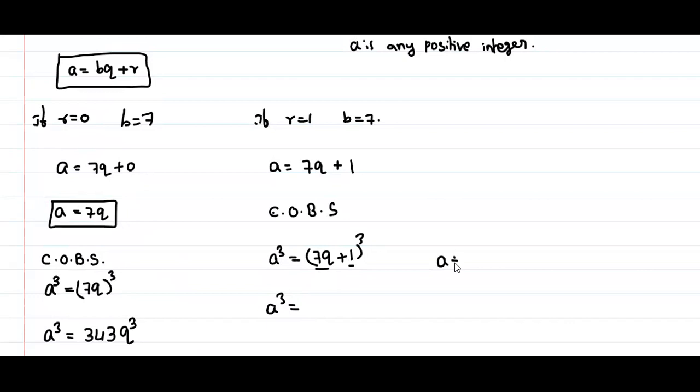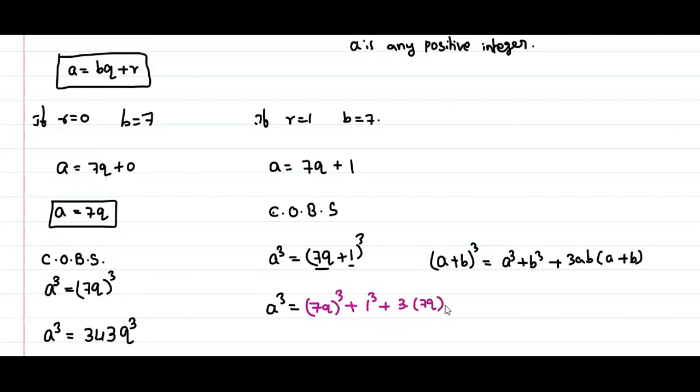So here it is in the form of a plus b whole cube, which is a cube plus b cube plus 3ab times a plus b. Here a cube is 7q whole cube, plus b cube is 1 cube, plus 3 into a, which is 7q, into b, which is 1, of a plus b, that is 7q plus 1.